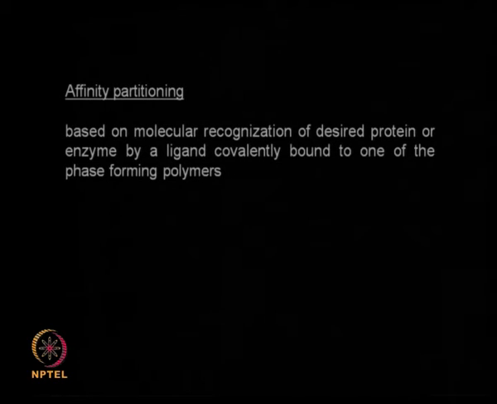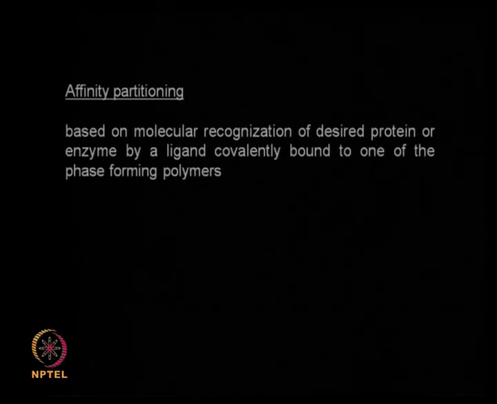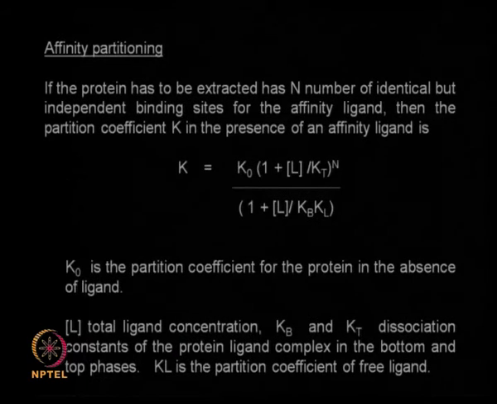So how do you keep the ligands in your solution? One of the polymers which you are using, a biopolymer, you can have the ligand covalently bound to the biopolymer, so that you can later reuse the whole system again and again.